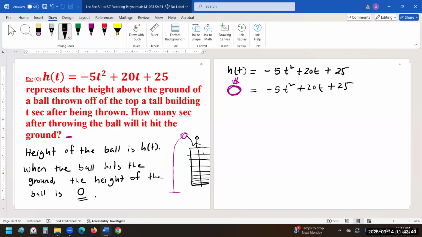T. So basically they want us to solve for t. So you can treat t as x. Negative 5x squared plus 20x plus 25. If you had that, how would you have solved for x? You're going to apply the same rule to solve for t.